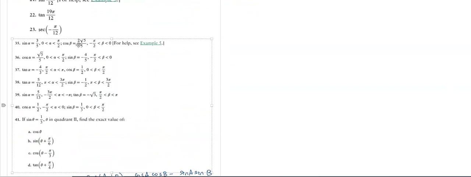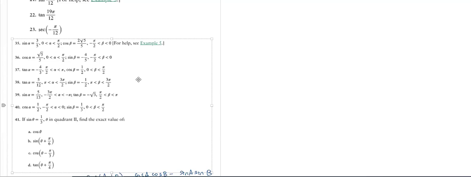So the first one I'm going to write down is 35. Given that sine A is 3 over 5 and the angle is in the first quadrant, cosine B is given to be 2 root 5 over 5.